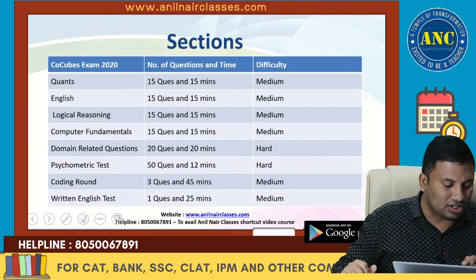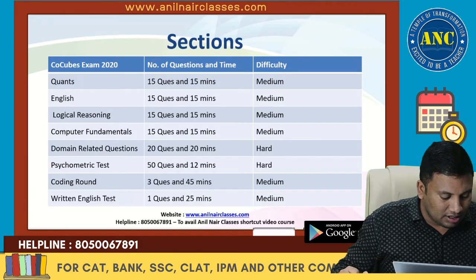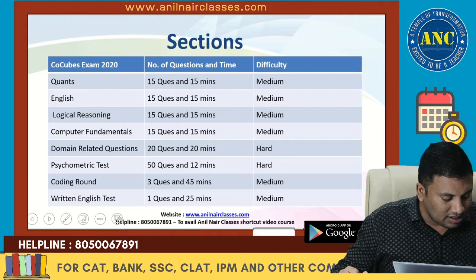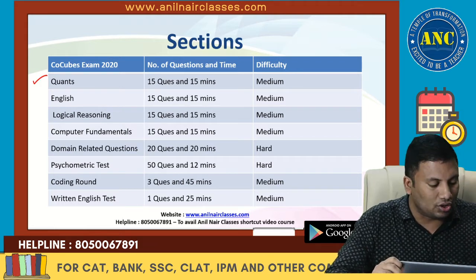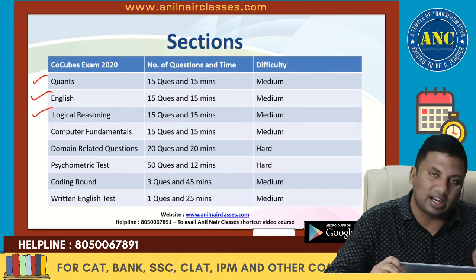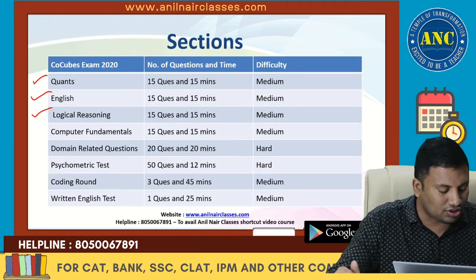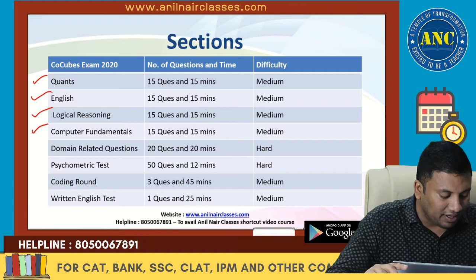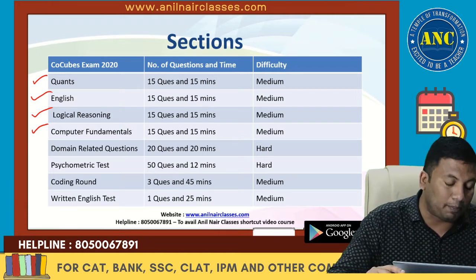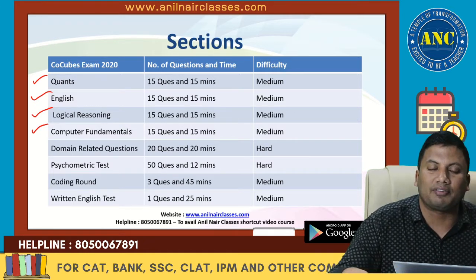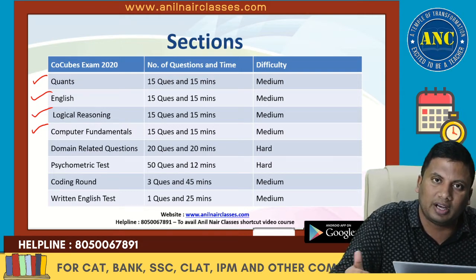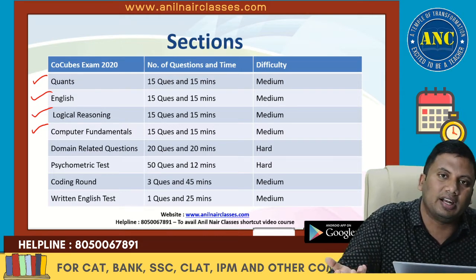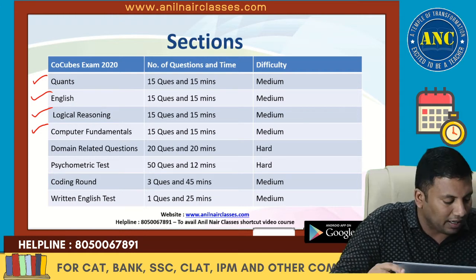The Co-Cubes examination generally has this many sections. Quantitative aptitude, verbal ability, logical reasoning, which are there in almost all the companies. Computer fundamentals, and in case you are from a particular stream, like computer science, electrical or mechanical, there will be questions based on that domain.